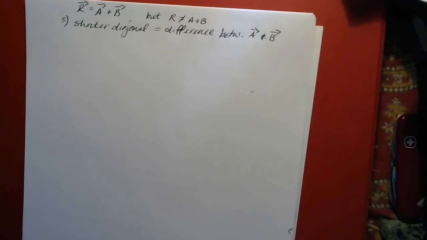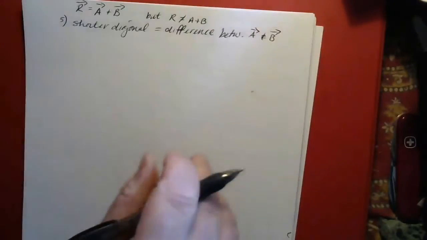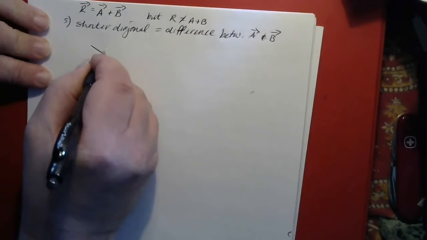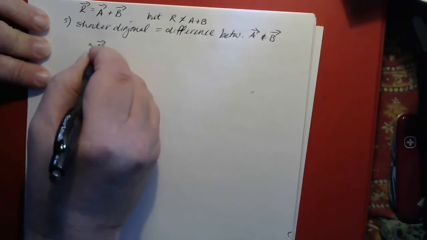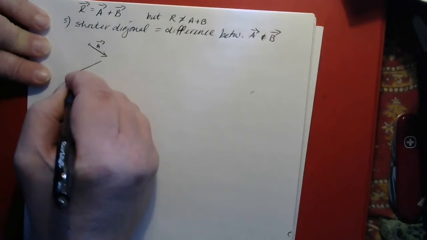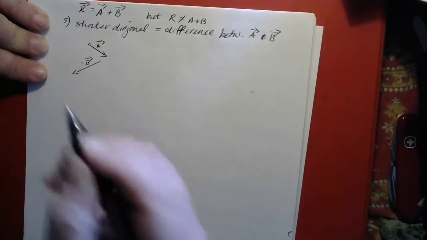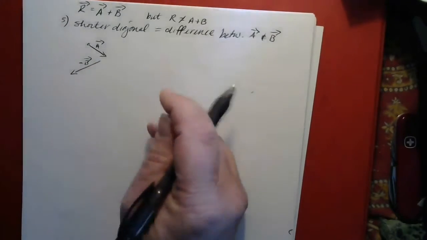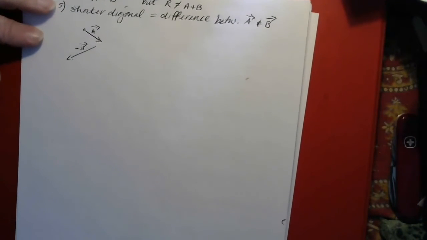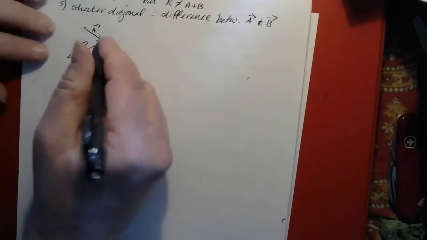And that would be the difference between A and B. If we had, let me look at them just to see how I drew them, say A and negative B, that is a vector of the same length but pointing in the opposite direction. We could put them together like this. Again, translate them so that their origins overlap.